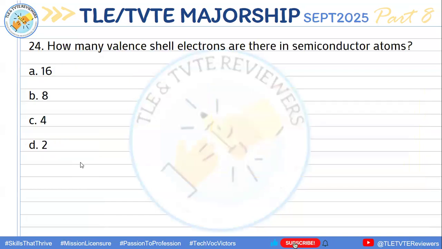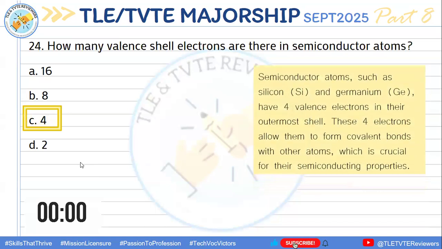Number 24, how many valence shell electrons are there in semiconductor atoms? A 16, B 8, C 4, D 2. Answer letter C, 4.